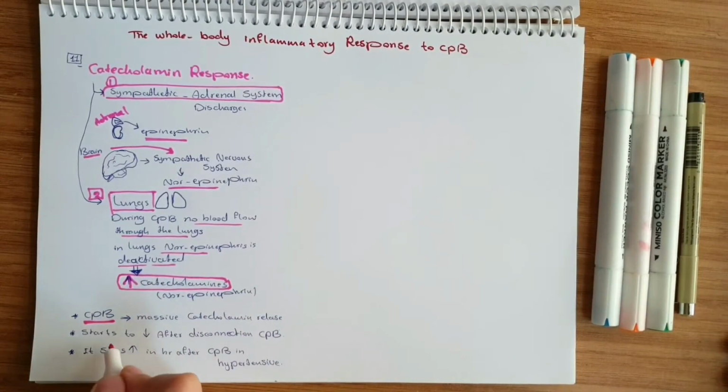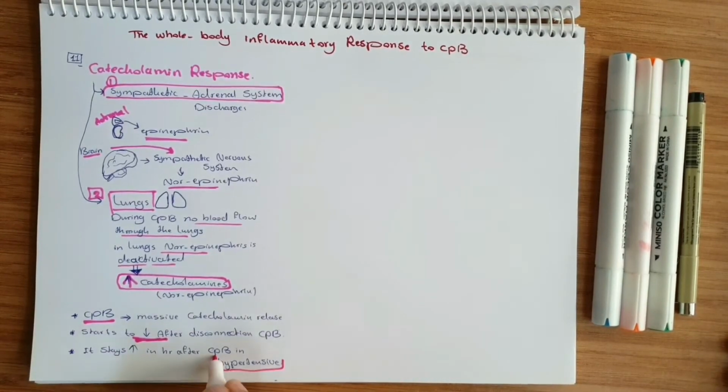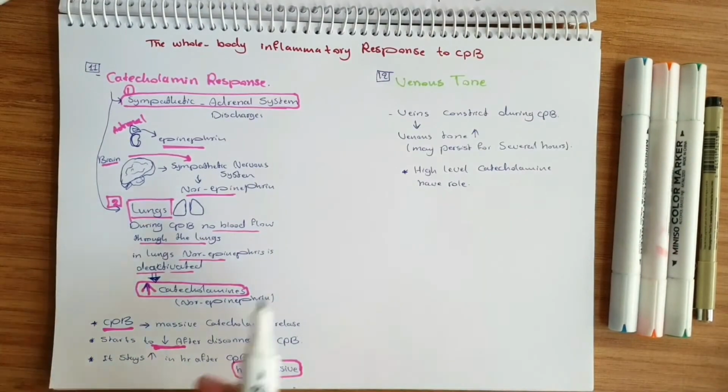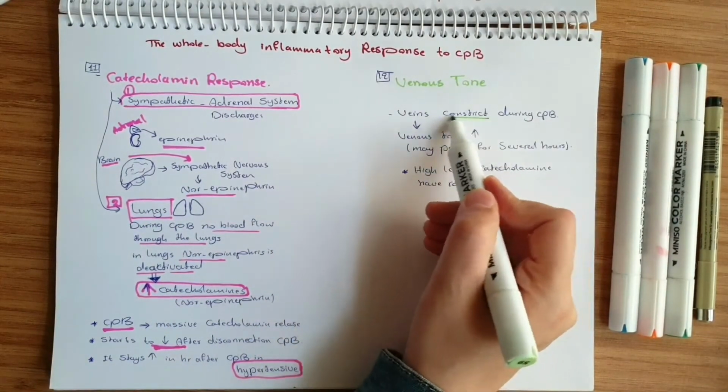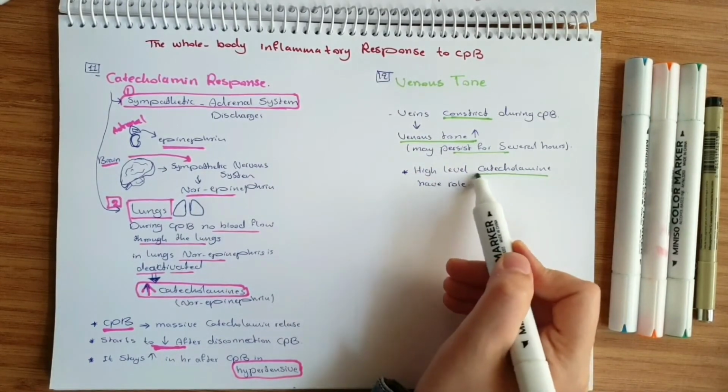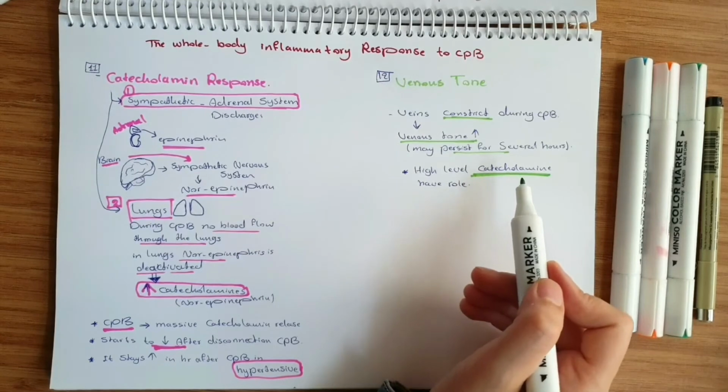This machine has a massive effect on catecholamine release, and it starts to decrease when the patient is disconnected from the machine, but in hypertensive patients it will stay high for 1 hour after the machine. Venous tone. Veins constrict during this machine and the tone increases for several hours due to the effect of catecholamine.